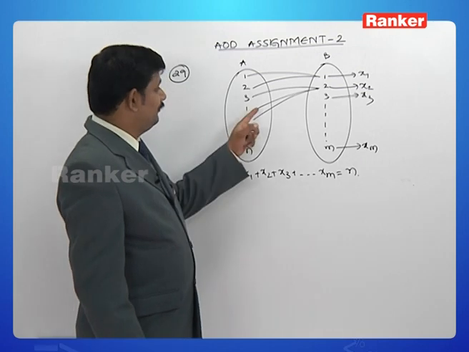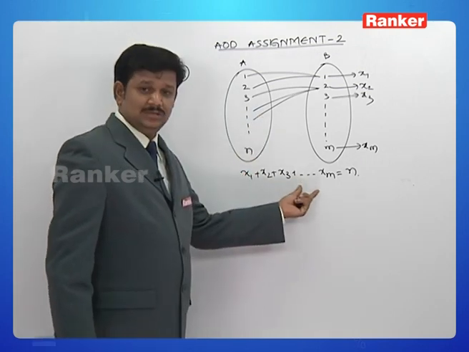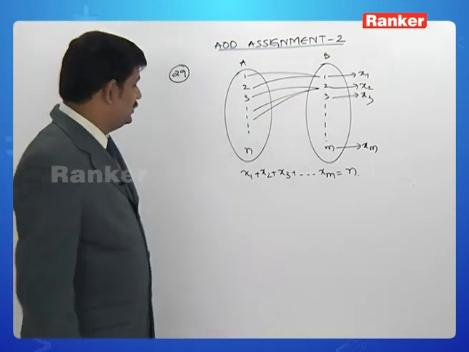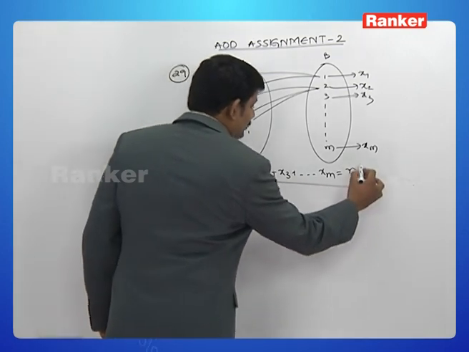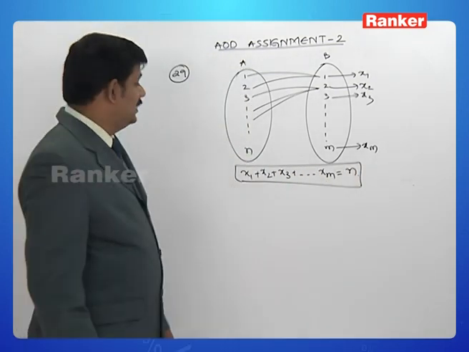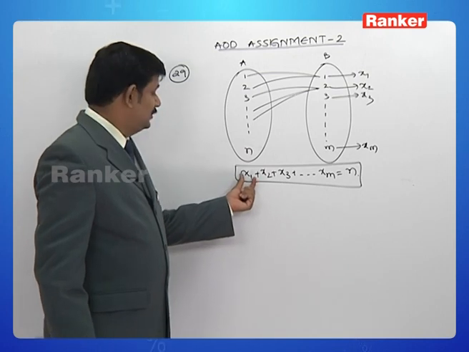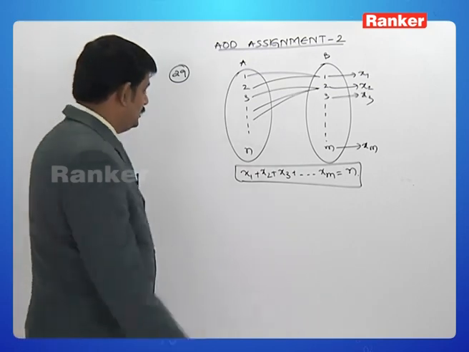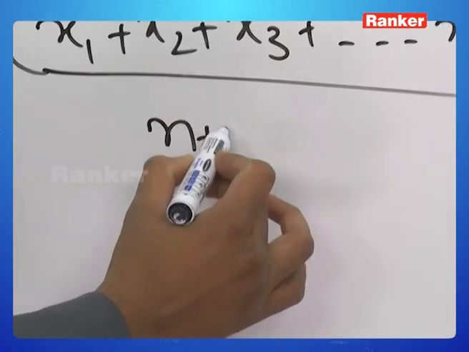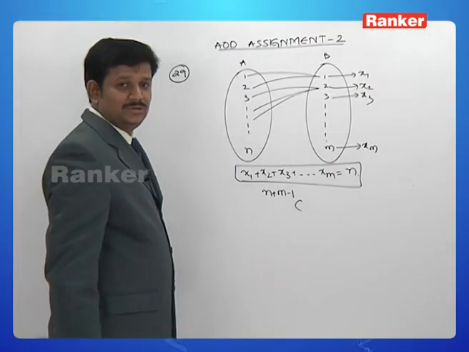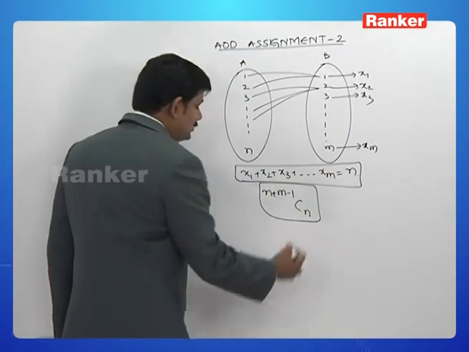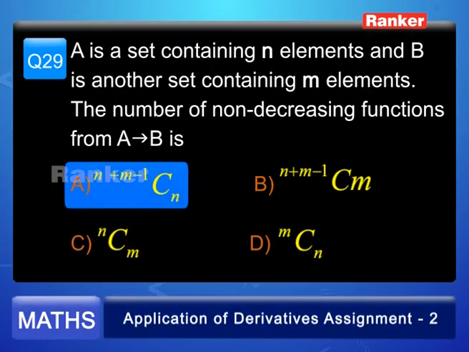The number of different solutions of this equation will be the same as the number of different possible non-decreasing functions from A to B. So, we all know from permutation and combinations that the number of non-negative integral solutions of the equation x1 plus x2 plus x3 so on up to xm is equal to n is n plus m minus 1 C m minus 1, or n plus m minus 1 C n. So, the answer for this question is n plus m minus 1 C n, which is option A.